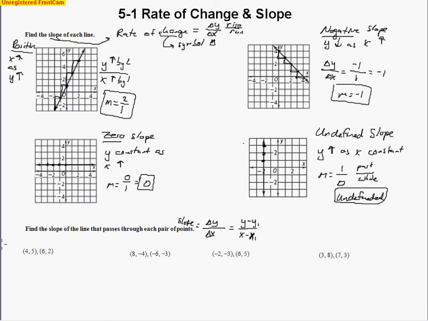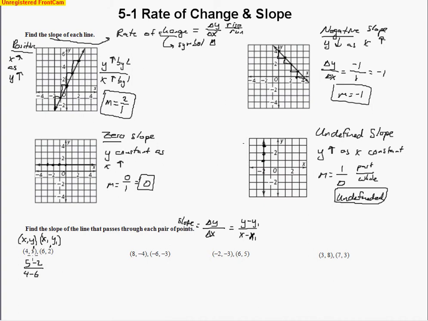And so what we do is we treat one of the points as x and y. The other point is x1, y1. And we take the difference of the y values. It doesn't matter where you start. I'm going to start with this point here. And I have 5 minus 2, because those are the two y values, over 4 minus 6.